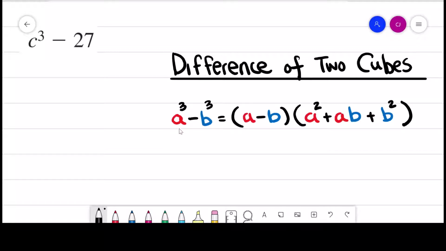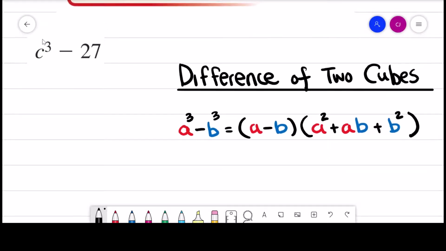And what we're going to be doing is trying to match our polynomial to the special factoring pattern here on the left with a cubed minus b cubed, which is then going to tell us how we can factor it with the pattern that follows thereafter.